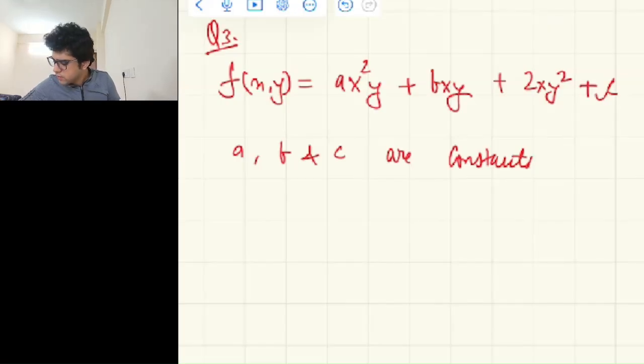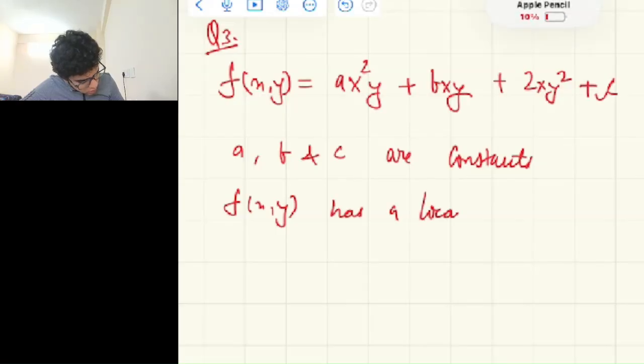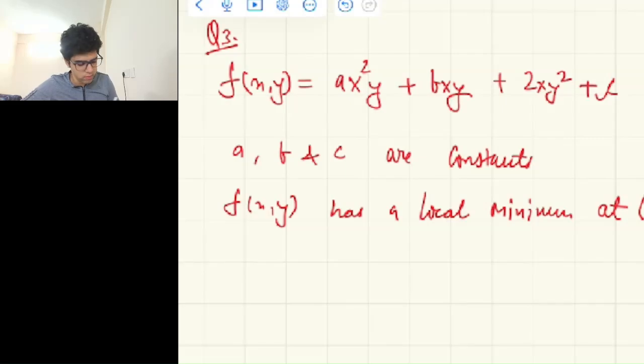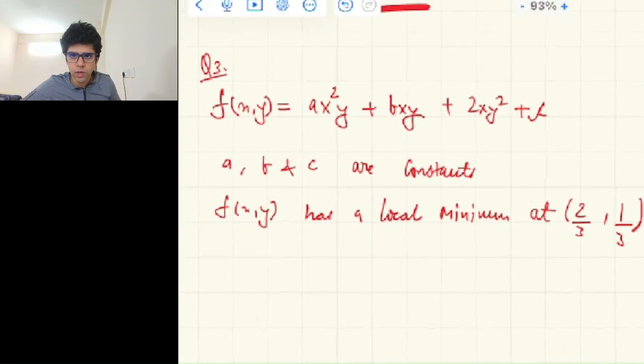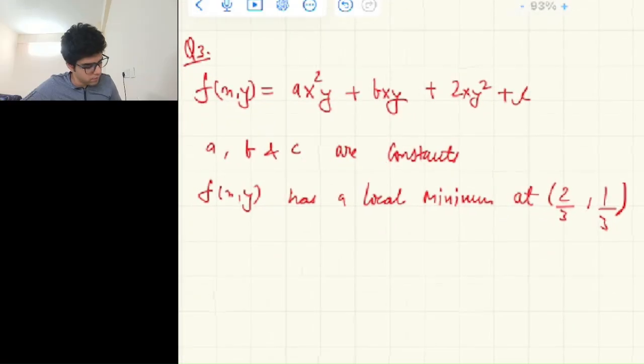And we are given that this function has a local minimum at the point 2/3, 1/3 with local minimum value minus 1/9, right? So they're saying that this function f(x, y) has a local minimum at 2/3, 1/3.